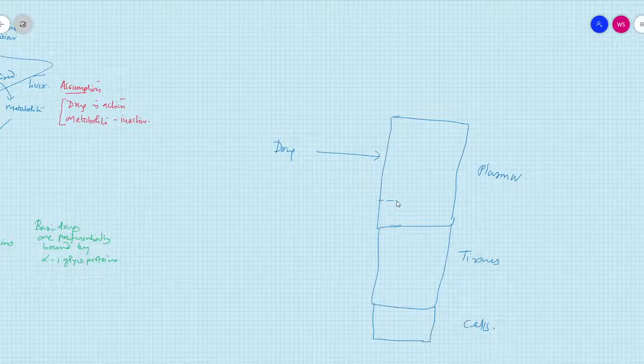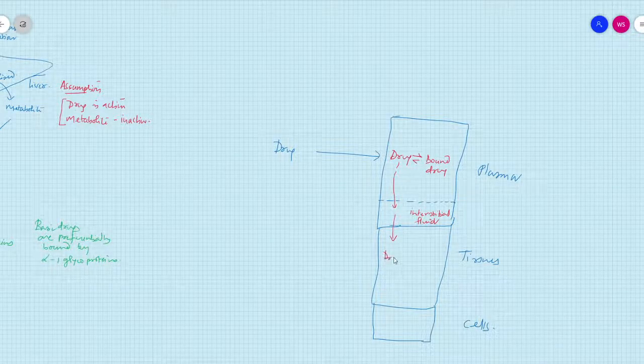In the plasma we said that there is an equilibrium between the free drug and the bound drug, and the free drug passes through the interstitial fluid into the tissues.